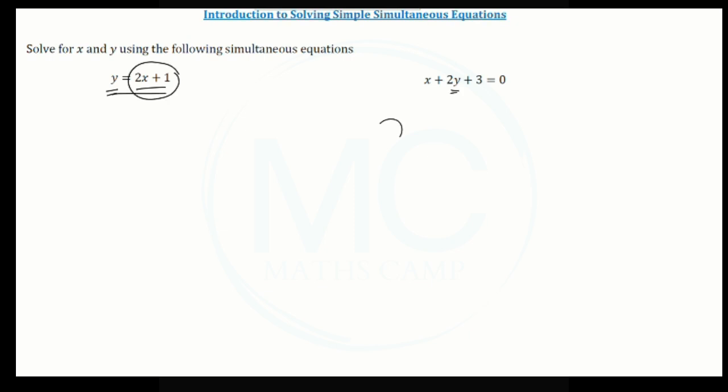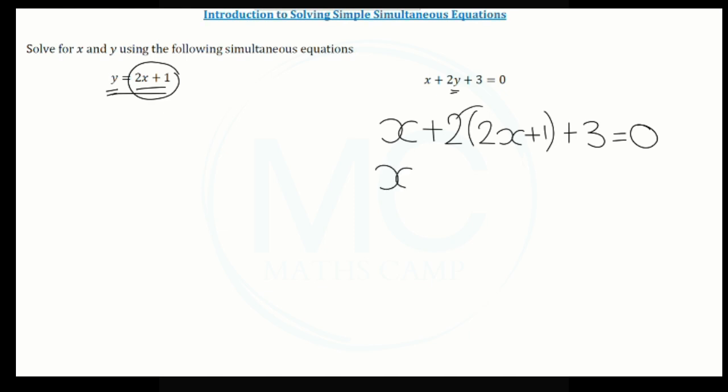So I'm going to have x plus 2, and instead of y, I'm going to write 2x plus 1. Close the bracket. Plus 3 is equal to 0. And now I can expand the bracket. So we have x. 2 multiplied by 2x is 4x.